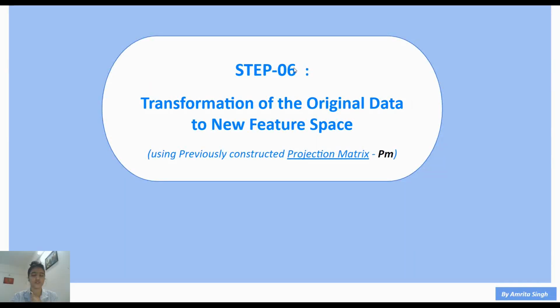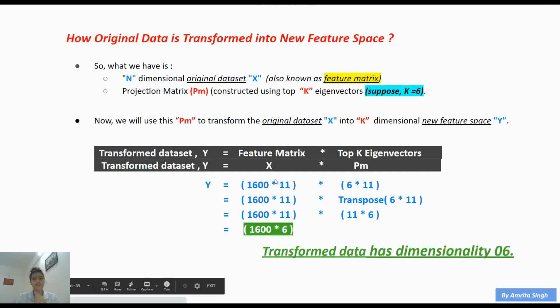Okay, so now the last step, where we use our previously constructed projection matrix to transform, or project, our original data to the new feature space, or new dimension. What we have here is the original data set, which I'm indicating with the letter X, and considering it has n dimensionality.